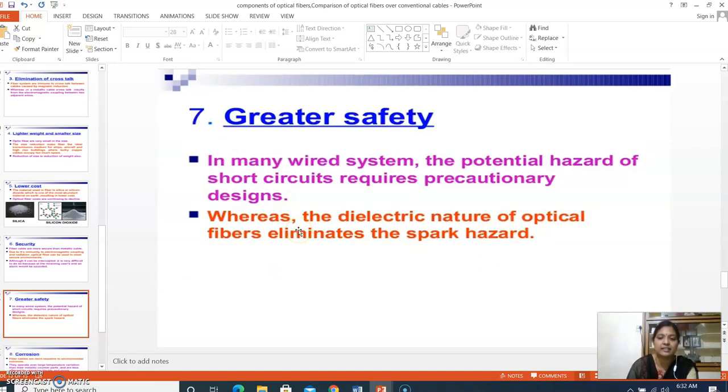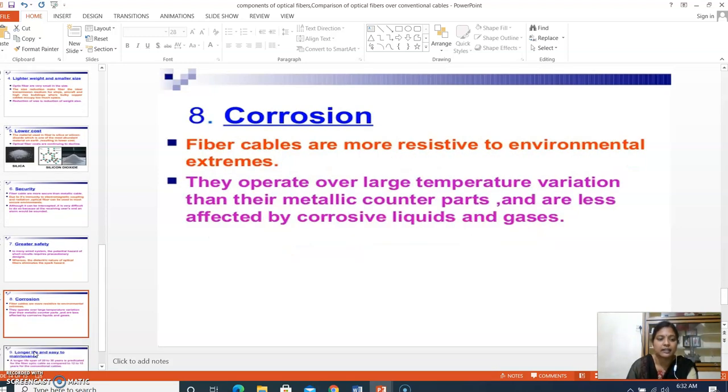In many wired systems, the potential hazard of short circuit requires precautionary designs, whereas the dielectric nature of optical fiber eliminates the spark hazard. The eighth point is corrosion. Fiber cables are more resistant to environmental extremes. They operate over a larger temperature variation than their metallic counterparts and are less affected by corrosive liquids and gases.